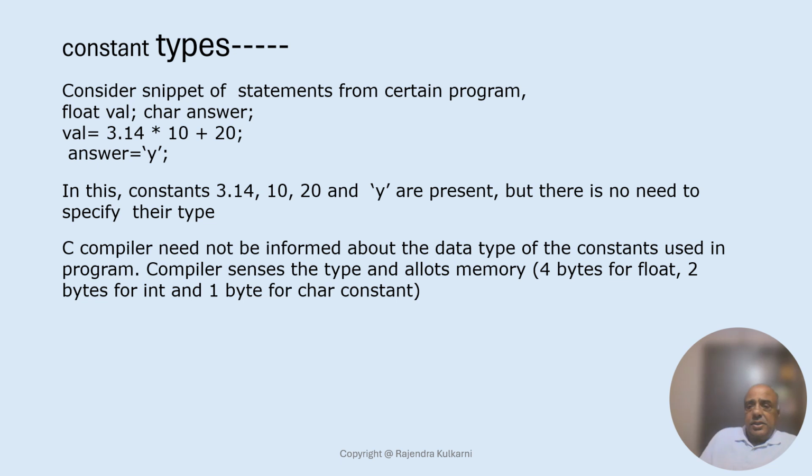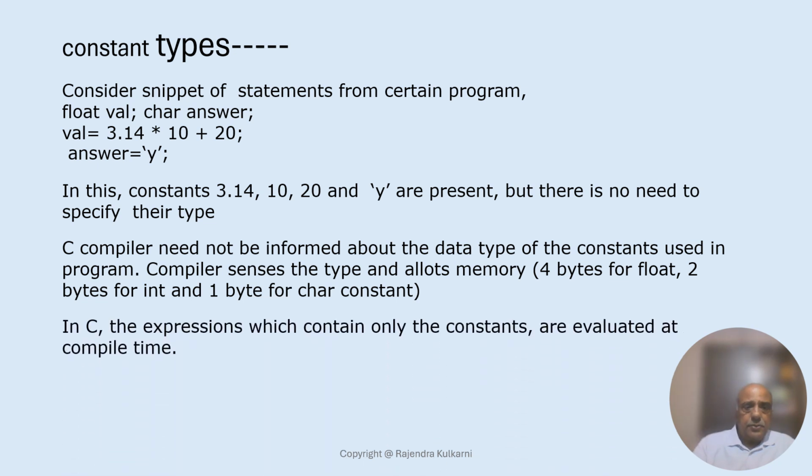The C compiler need not be informed about the data type of the constant used in the program. Why? Because the compiler senses the type and allots memory accordingly: 4 bytes for a float constant, 2 bytes for int, and 1 byte for a char constant.